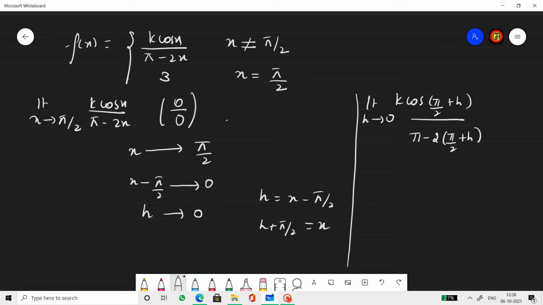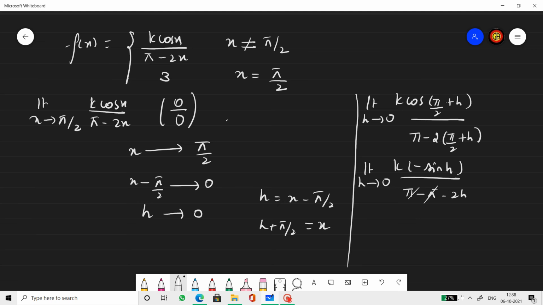So limit h tending to 0, cos of 90 plus theta. Cos of 90 plus theta falls in the second quadrant, where cos is negative, and since it is 90, it will change its function. The complementary theorem will apply. So this will be minus sin h divided by pi minus 2h.